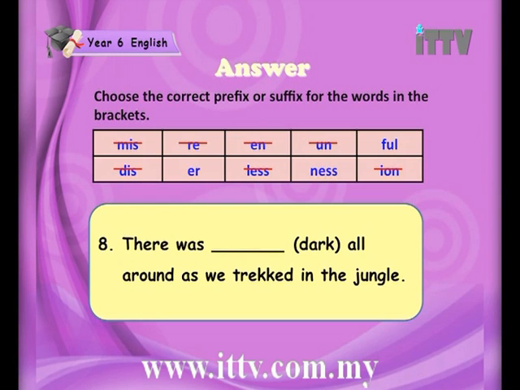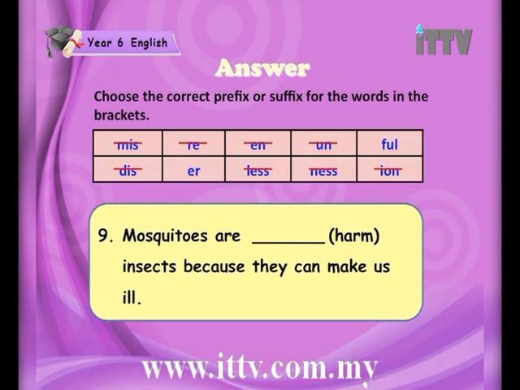Number 8. There was darkness all around as we trekked in the jungle. That means it was completely dark. Number 9. Mosquitoes are harmful insects because they can make us ill.